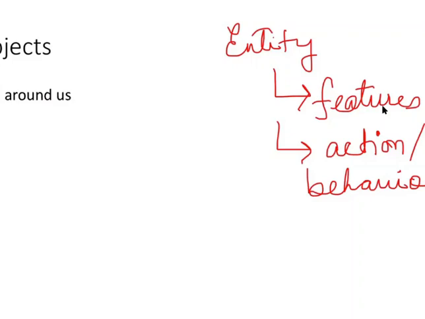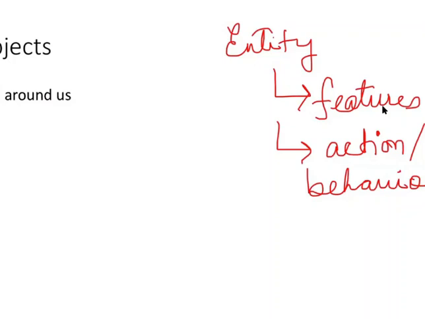Similarly, the object, the mobile phone, can perform some actions. What can you do with it? You can switch it on, you can switch it off, you can run some app on it, and so on. Those are the behavior of that object. If you look around you, you'll find that the whole world is filled with objects. A human being, you can think of yourself as an object.